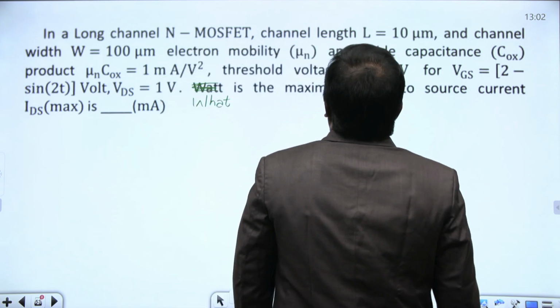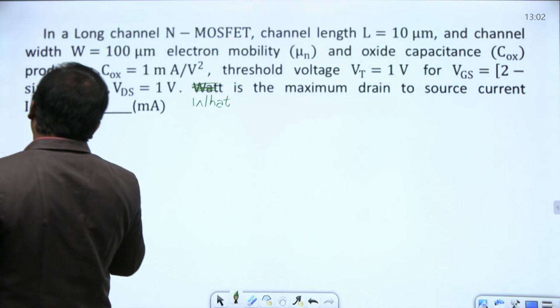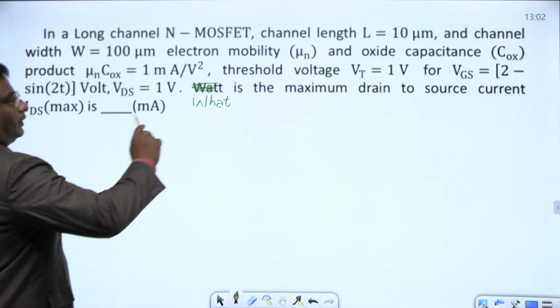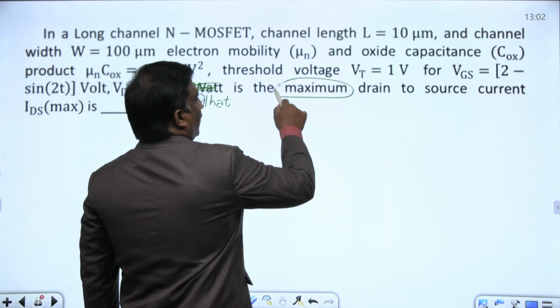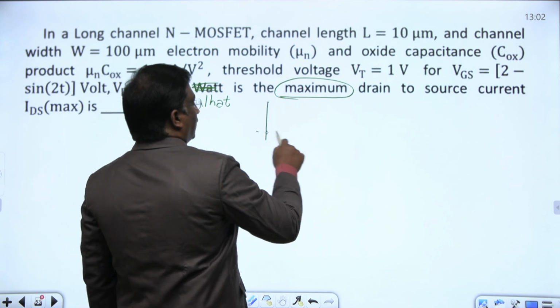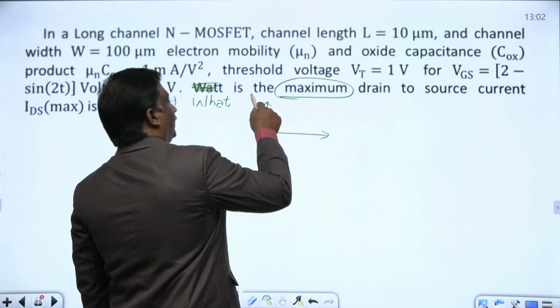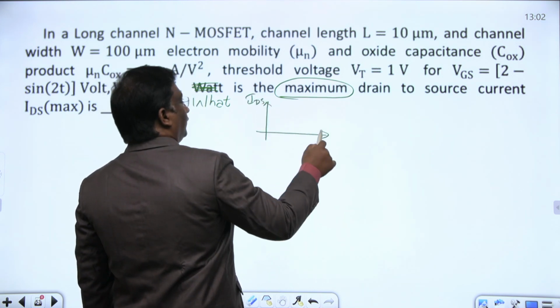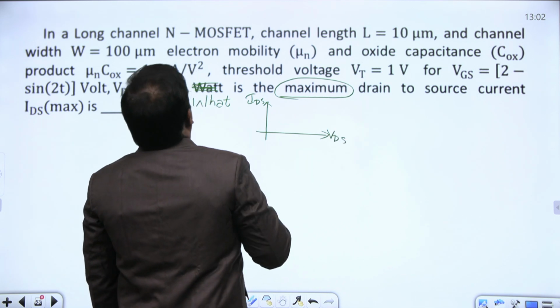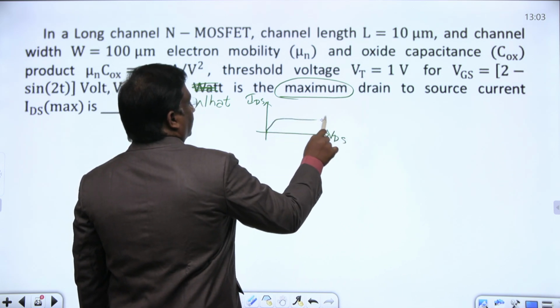Sir, what is the information given? See here, they asked for the maximum drain to source current. If you draw the characteristics of MOSFET, ID versus VDS, something like this.